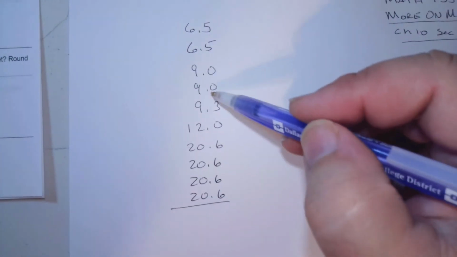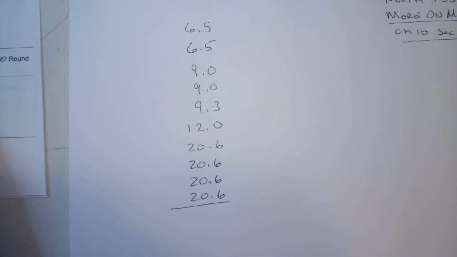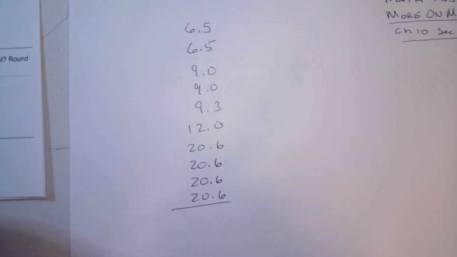We have 1, 2, 3, 4, 5, 6, 7, 8, 9, 10. We have to make sure we have the right number of numbers.